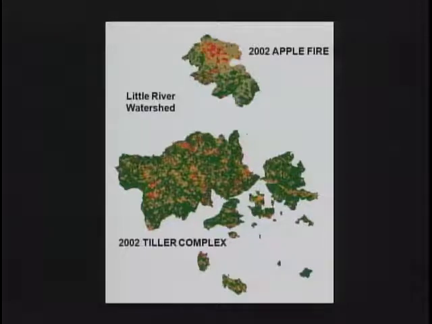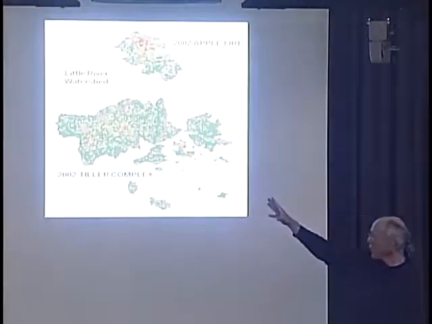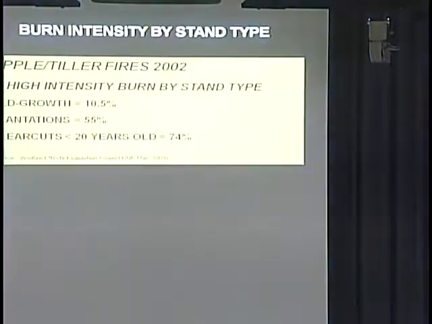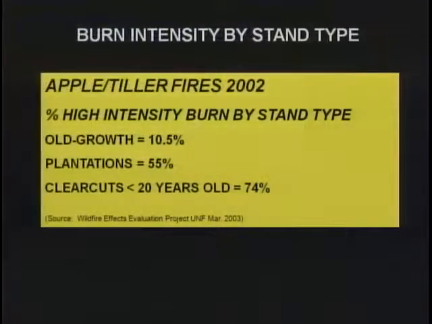What made the Apple fire so crazy? Well, number one, there are a bunch of plantations up in there. Number two, it was an arson fire started from a single point versus a swarm of fire that went through the Tiller Complex. And just to point out that under the worst conditions, 100-degree temperatures, single-digit humidity, 30-mile-an-hour winds, we only had 10% of the old growth that actually was burned intensely.